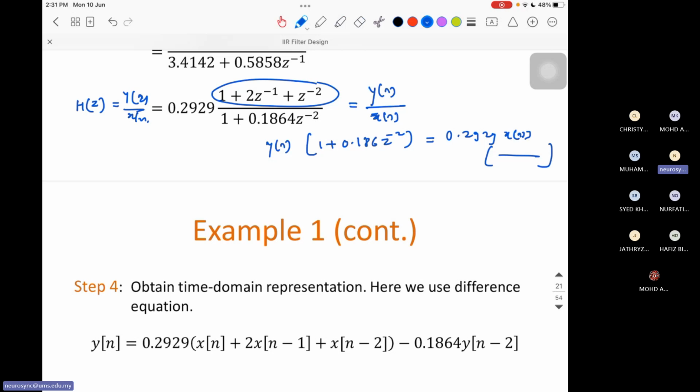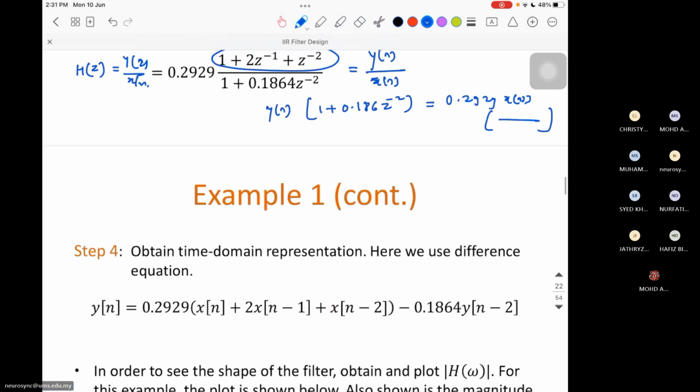So for z to the power minus 1, I can use the delay property. Y of n is equal to 0.29 into X of n plus 2 into X of n minus 1. Using the Z transform properties, the inverse Z of z to the power minus 1 X is X of n minus 1, plus X of n minus 2.